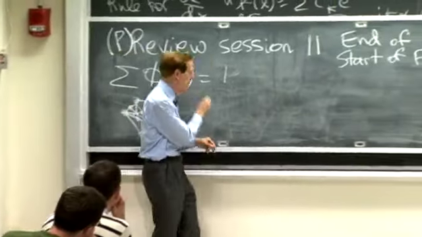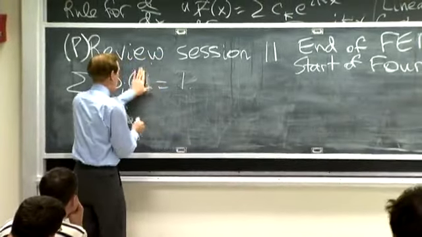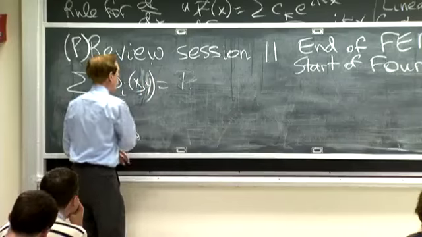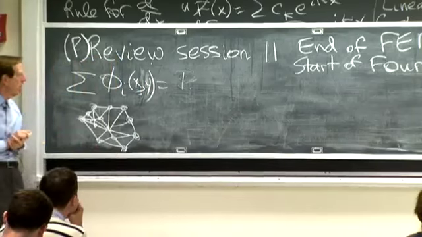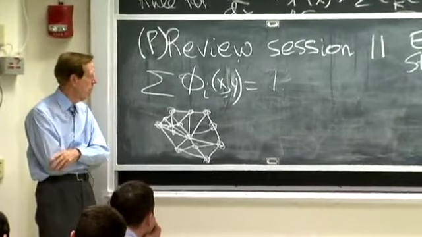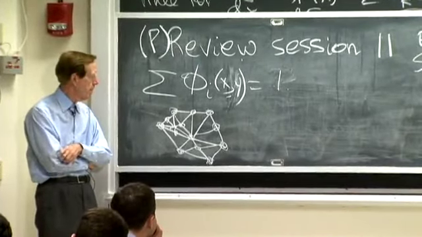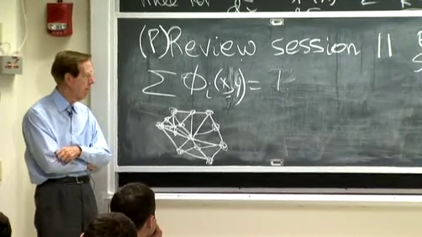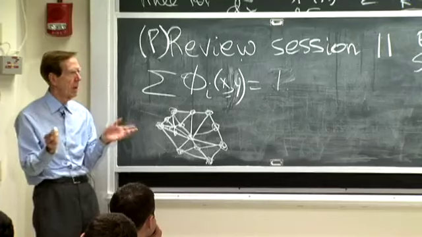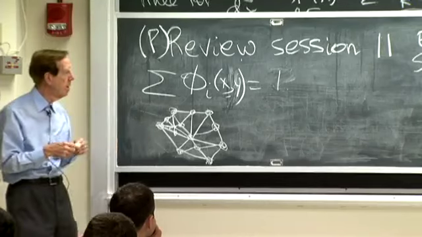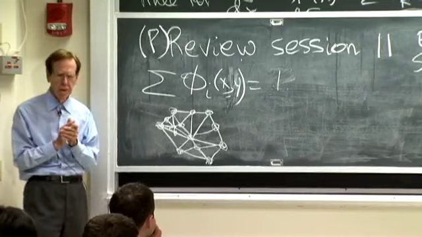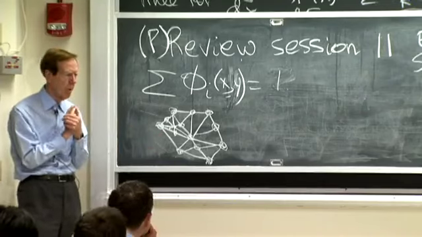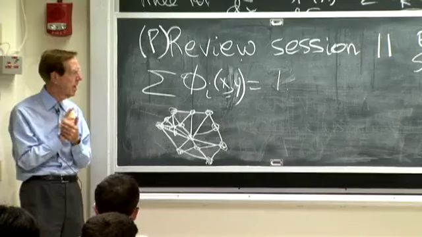Now it'll be phi of x and y, because I'm moving to 2D with pyramids, and I think we'll still have 1. Let me give you a minute to think about that one, and then we could turn to Fourier questions if you would like, or do some problem from the text.